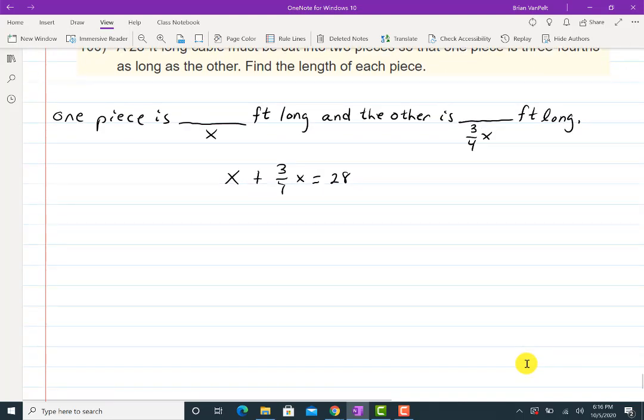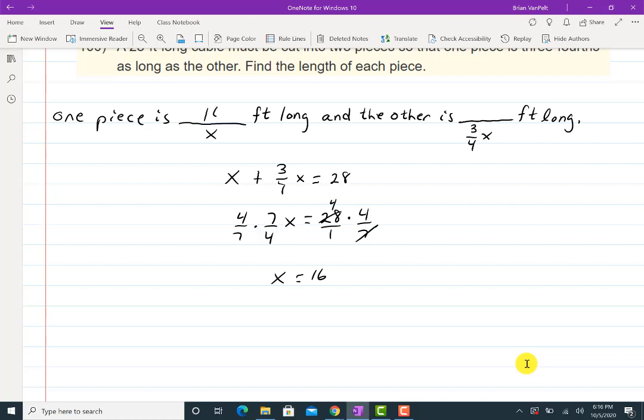Once again, this is 1 3/4, which to me is just 7/4 x equals 28. To finish this off, I will multiply by 4/7. I'll get x on the left. On the right, 7 goes into 28 4 times. So I get x equals 16.